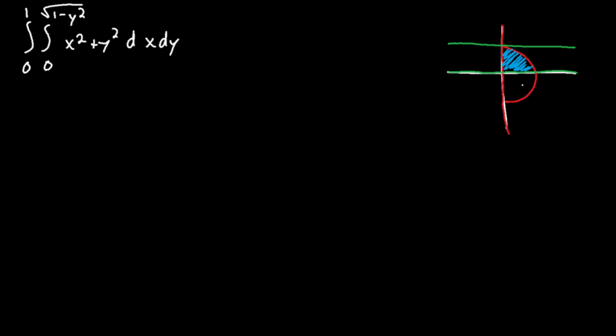Well, our radius for a circle is always equal to 1. So r in this case is equal to 1. How about our theta value? Well, our theta value ranges from the positive x-axis to the positive y-axis. And this is from 0 in radians to pi over 2. And pi over 2 is just the angle at the positive y-axis.